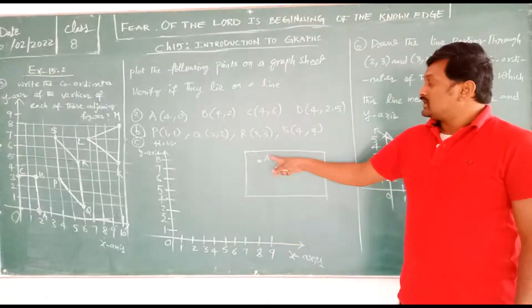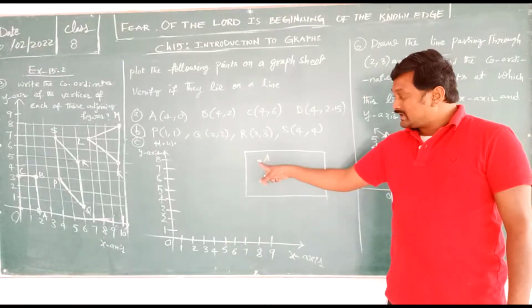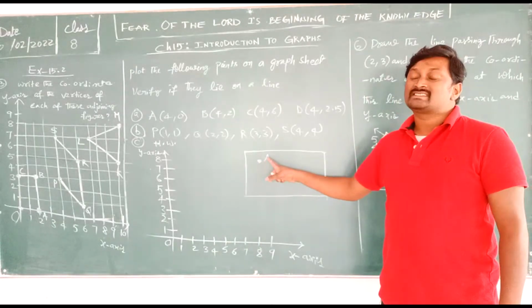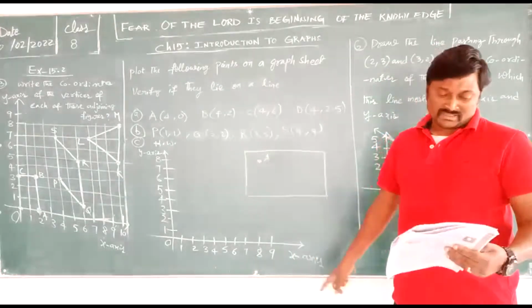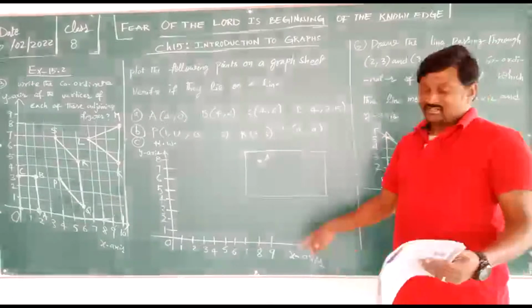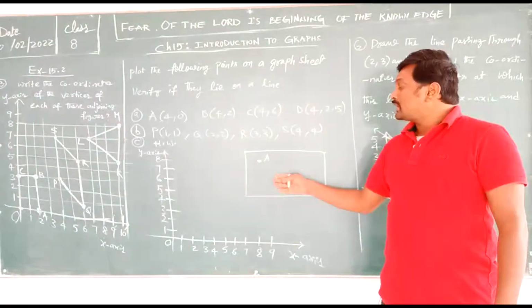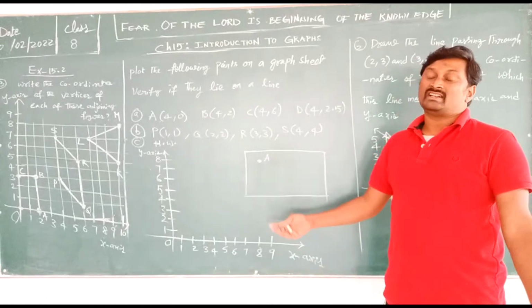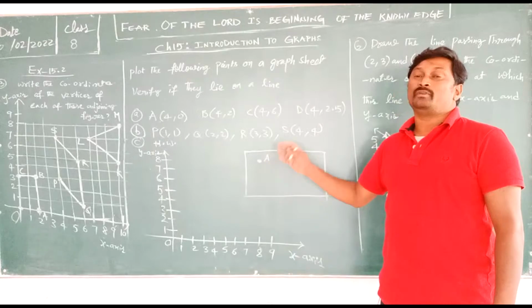So now it is a board. On the board, I kept one point here. How can we describe the position of point A? One student may say the dot is in the upper half of the board. That is not going to give the exact position of the point.